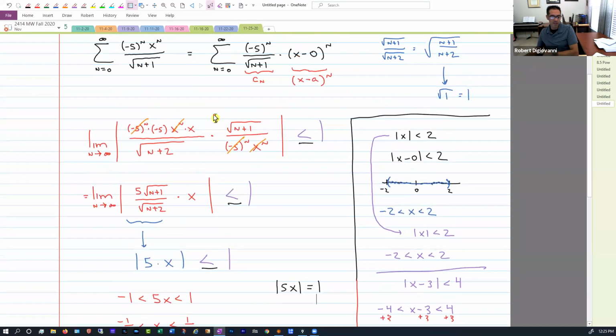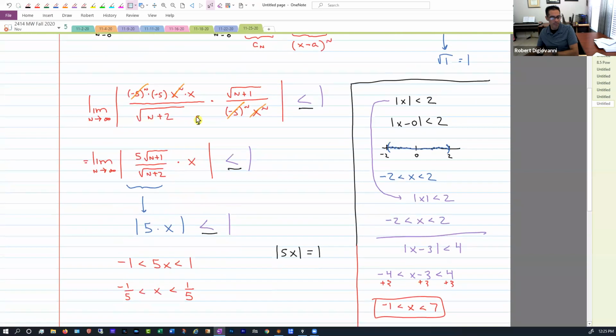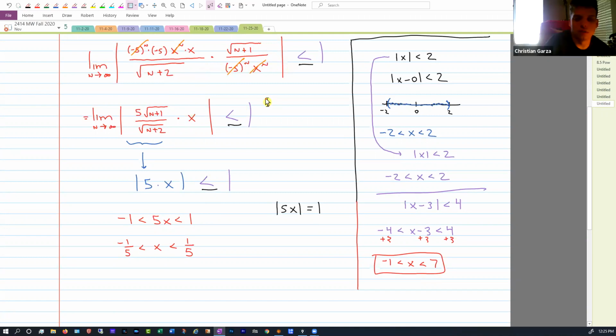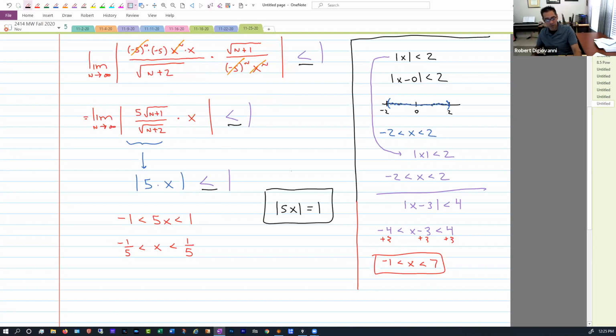What could you conclude from the ratio test? What does the ratio test say? If this thing turns out to be 1, what's the conclusion? It's inconclusive. So right now, we actually do not know what happens when this is true. We don't know. It's inconclusive, right?